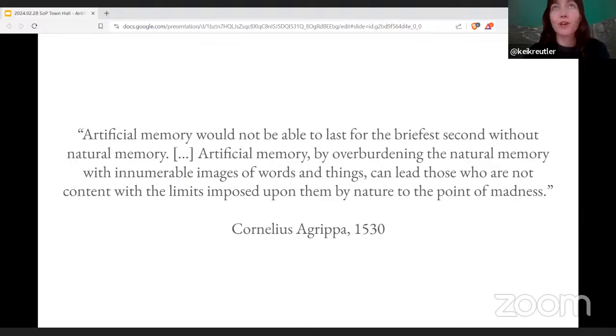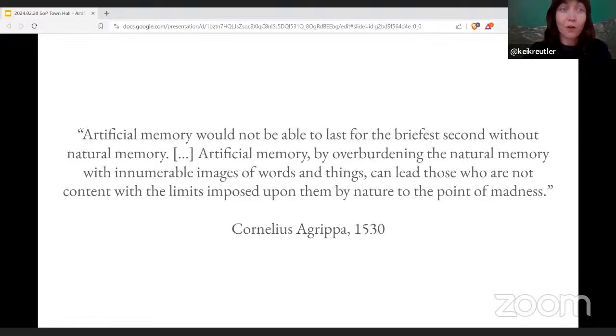So first, the topic of artificial memory. Basically, 400 years before the term artificial intelligence existed, many people debated the merits of artificial memory. This is a protocolized, procedural approach to memorization. Here, Cornelius Agrippa, a theologian, physician, mathematician, one of those Renaissance figures, is writing in 1530, saying, artificial memory would not be able to last for the briefest second without natural memory.